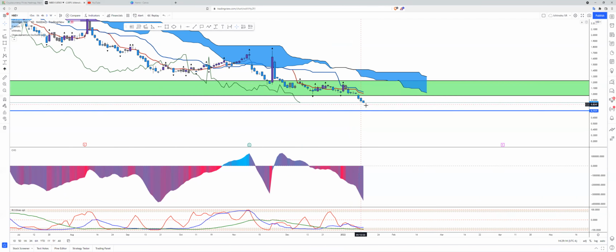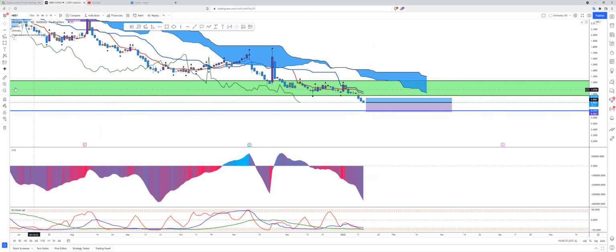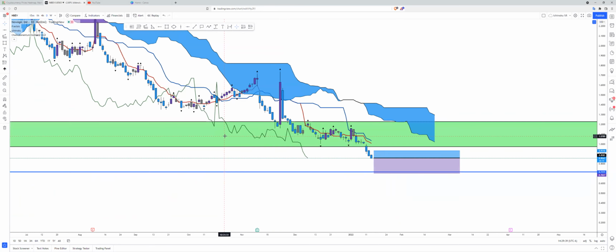There definitely won't be any divergence on the daily, but we'll see what happens here. I do think it'll come down lower, so let me go ahead and set a target on that one. I will look for shorts here, not too far though, but at least right here to this point with a tight stop.